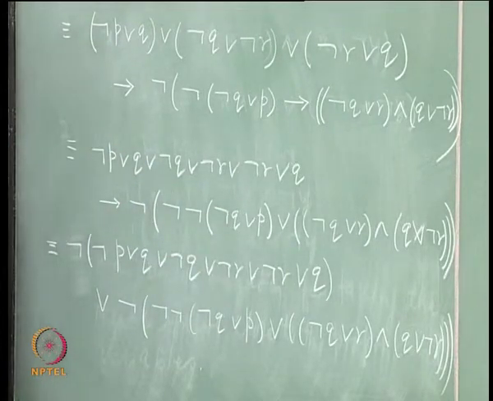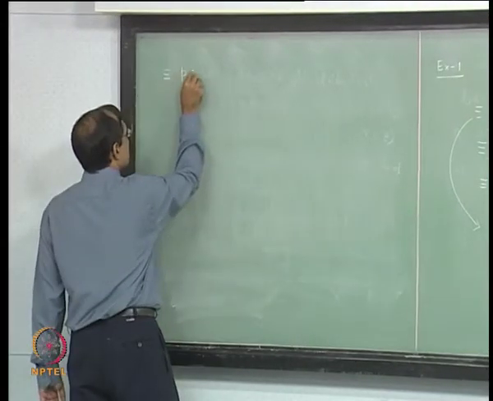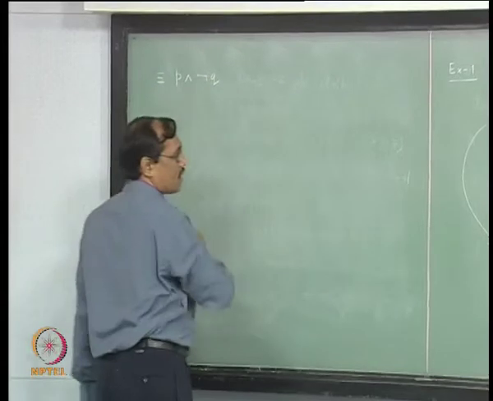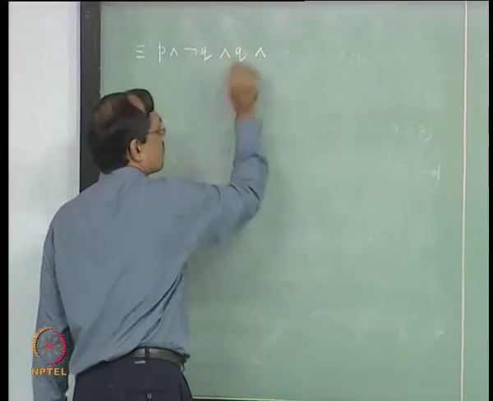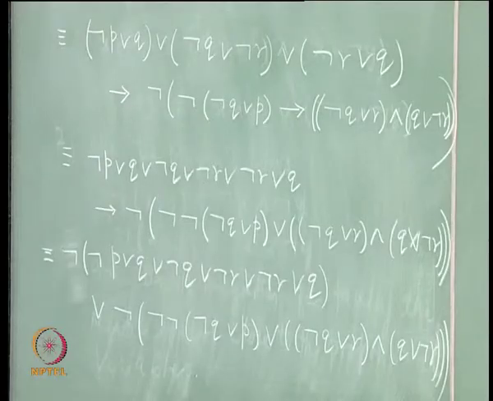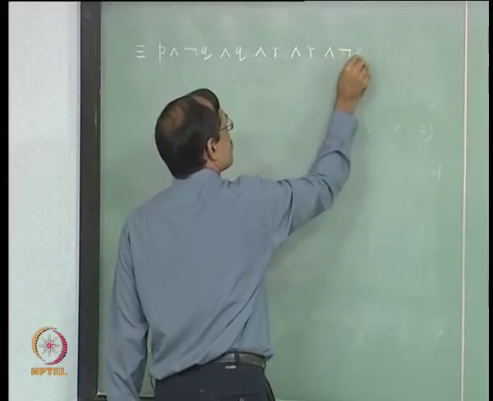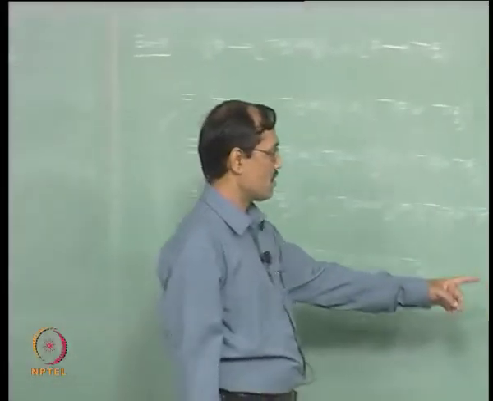Is it okay? So, you can write as equivalent of, when that not goes inside, you say P and not Q and Q and R and R and not Q, okay, when this not goes inside.